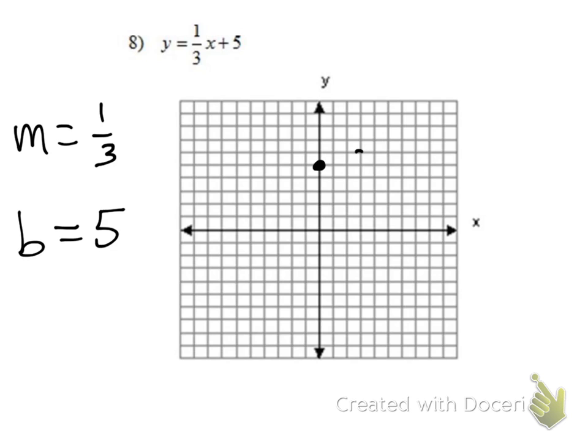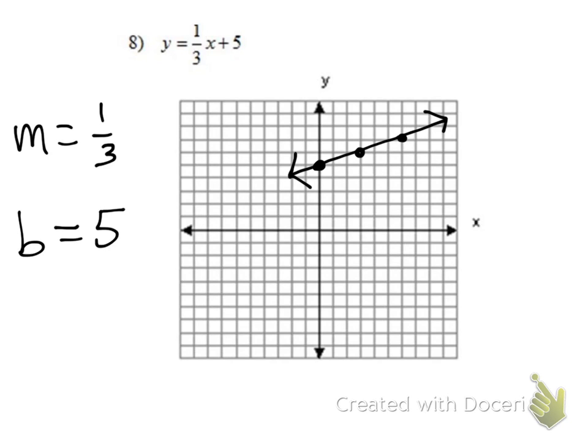Great. Then what? And then you go down 3. Nope, up 3. Across 3, up 1. Right 3. Yep, you're still rising 1, running 3. Any questions? We got this. All right, connect them. Arrows on the end.